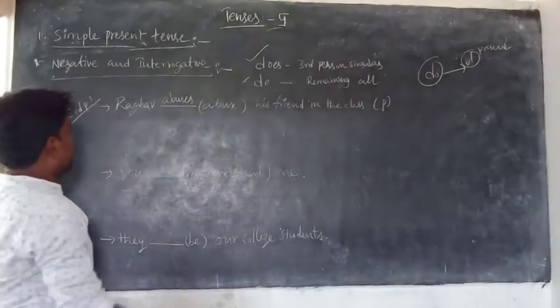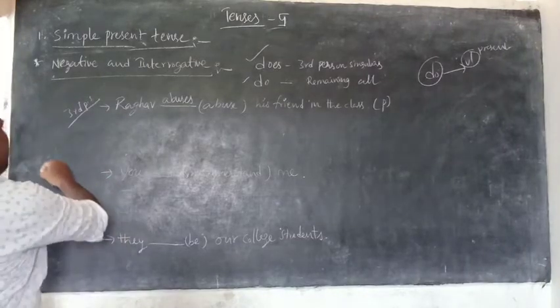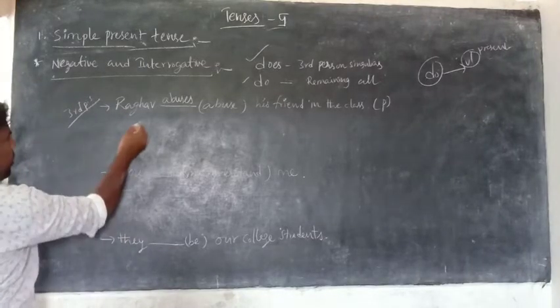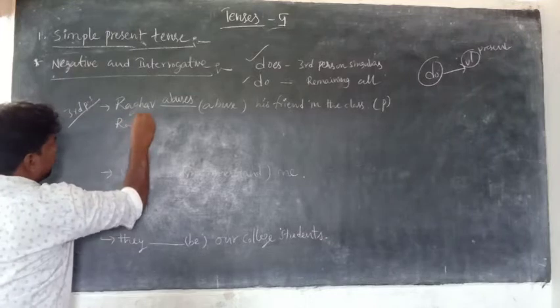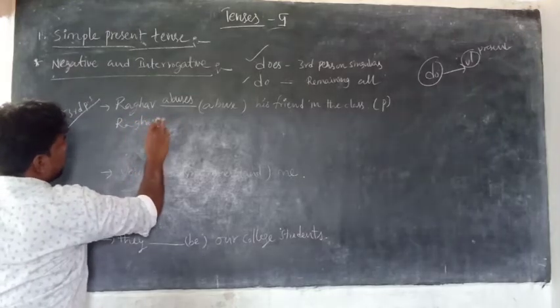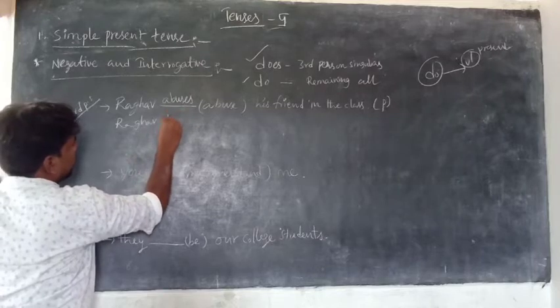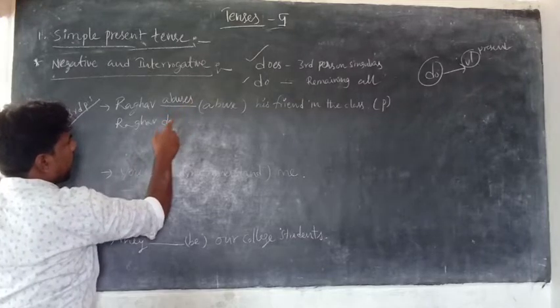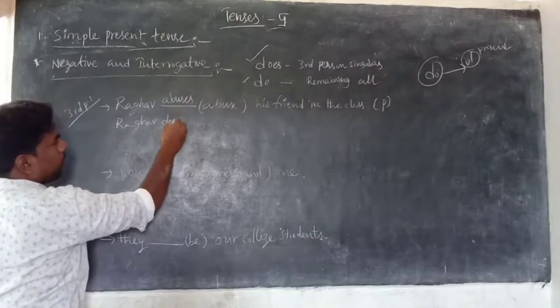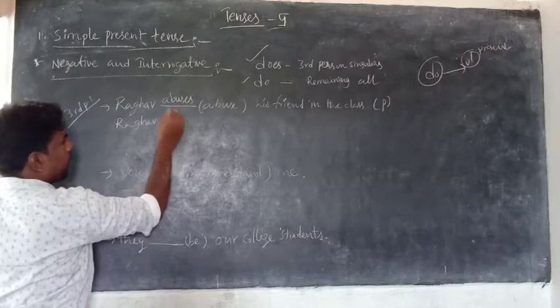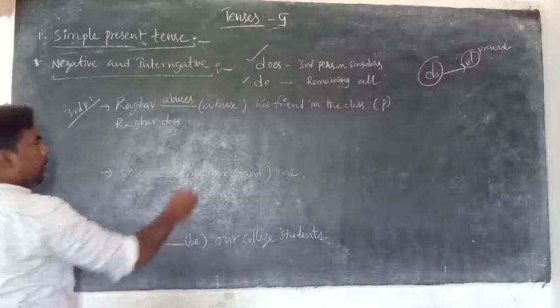Change into negative. Making negative: be form plus Raghav. It is third person singular, so we can use does, because the s is added to do and it becomes does.